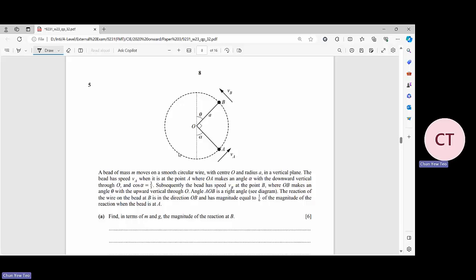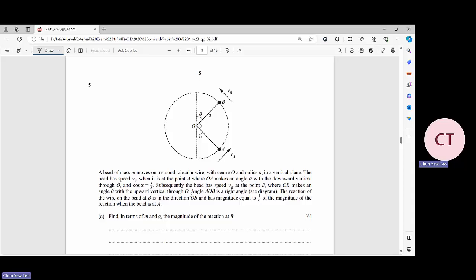Okay, now we take a look at question number 5. A bit of mass moves on a smooth circular wire. So this is the circular wire, with a center O and a radius A in the vertical plane.